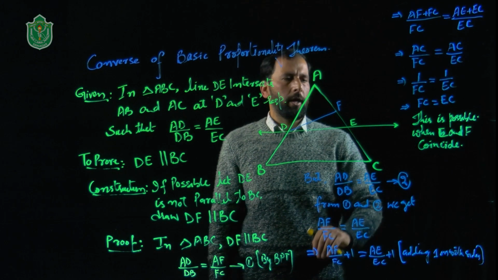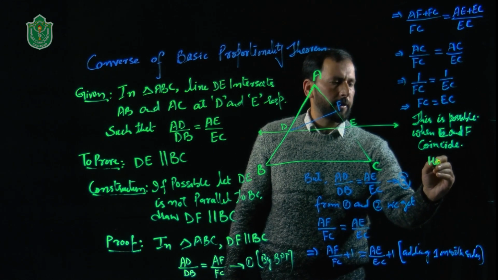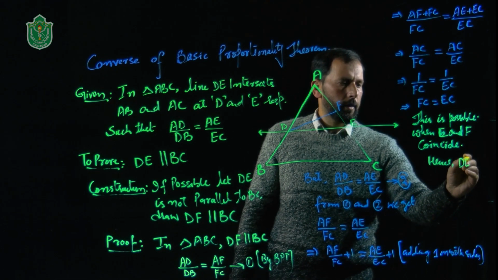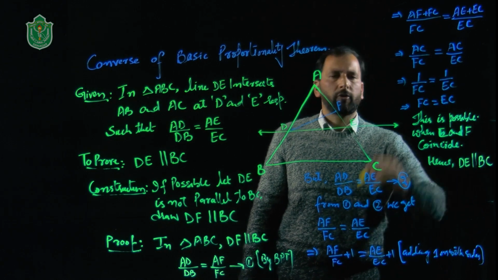So when point E and point F coincide with one another, hence we can write, this DE is parallel to the third side BC of a triangle.